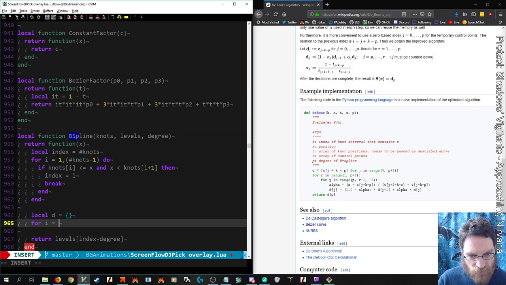But these arrays are indexed by 0. So to index into levels, we actually have to do I to degree plus 2.